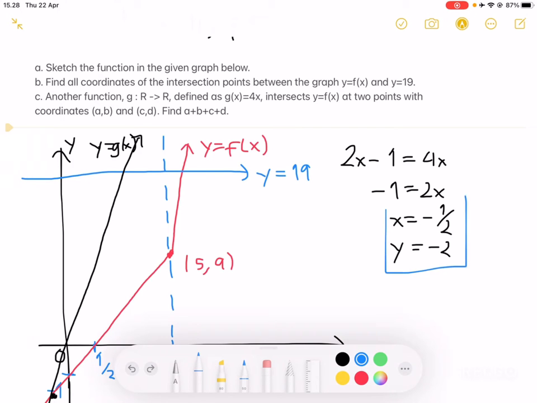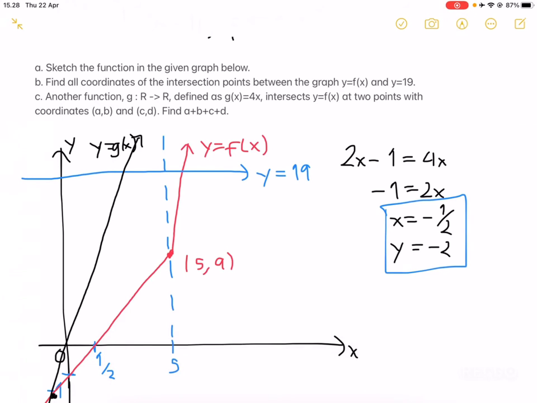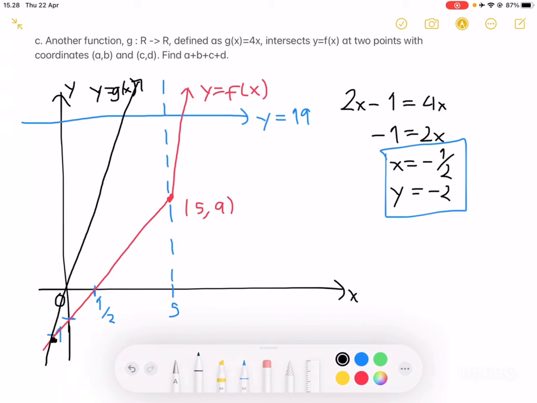So here is the first set of coordinates of a point of intersection. Next we have 5x minus 16, which we can set equal to 4x, and you'll get x equals 16. Therefore, our y value will be 16 times 4, which is equal to 64. So these are the other set of coordinates of intersection.